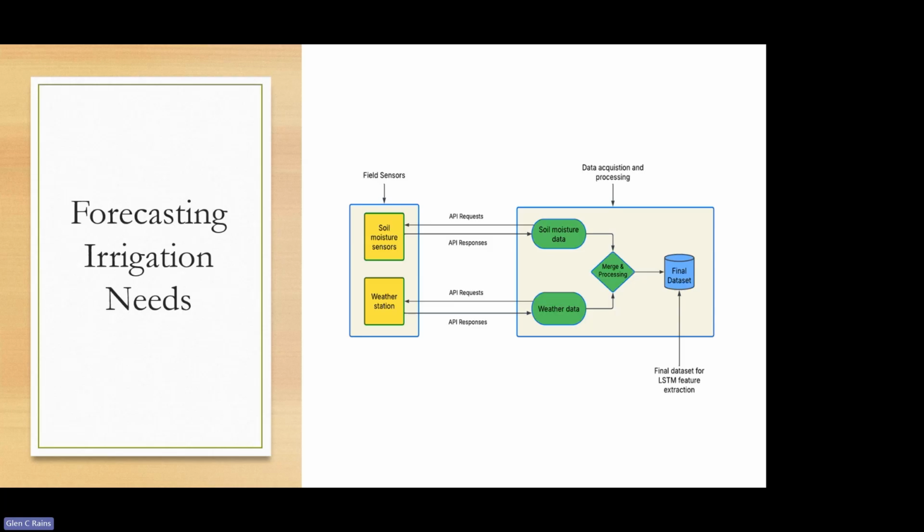Another thing I haven't talked about much, I'll talk about it a little now, is when we're creating these models to forecast when to irrigate or when to add nitrogen or forecast anything.